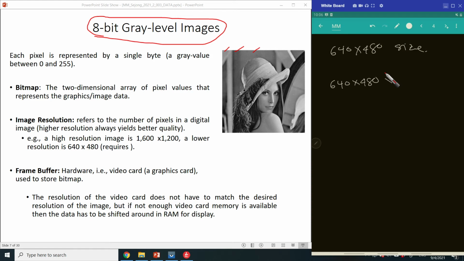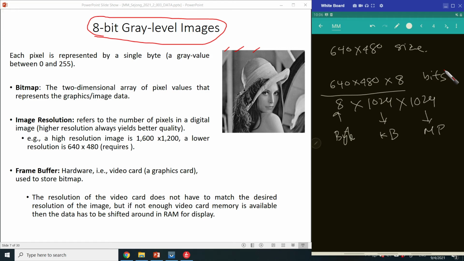Because each pixel needs 8 bits of information, we multiply to get this number of bits. If we divide this by 8, we convert to bytes. If we further divide by 1024, it is converted to kilobytes. If we divide again by 1024, it is converted to megabytes.